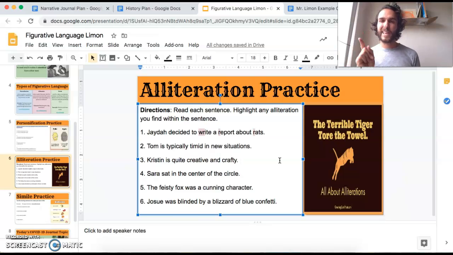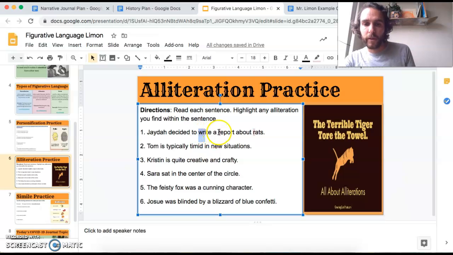So everything that sounds the same there, even though W is different than R, they still produce the same sound. So I highlighted in this very light pink the W and the R in write, the R in report, and the R in rats. I'm going to ask you to do that for the other 5 examples here.